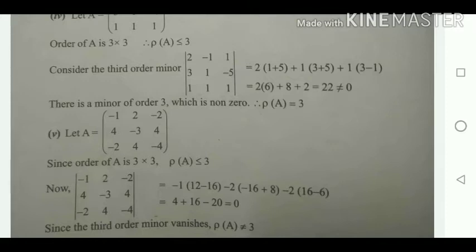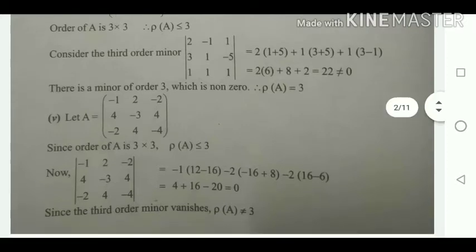So 2 into the minor of 2, which is 1, minus 5, 1, 1. So we get 2 into 1 plus 5, plus 1 into 3 plus 5, plus 1 into 3 minus 1. The answer becomes 22, which is not equal to 0. Therefore rank of A equals 3. So there is a minor of order 3 which is non-zero. Therefore rank of A equals 3.